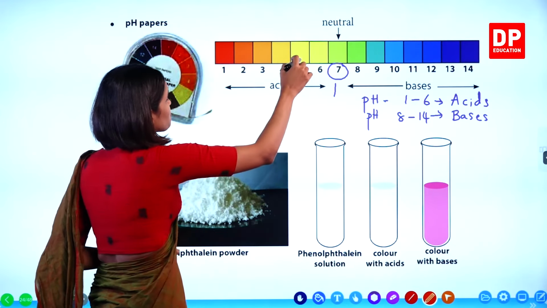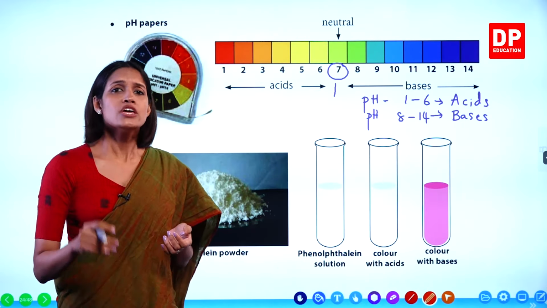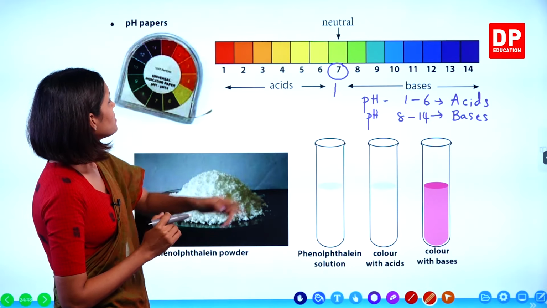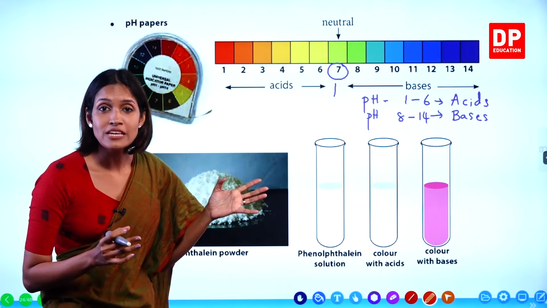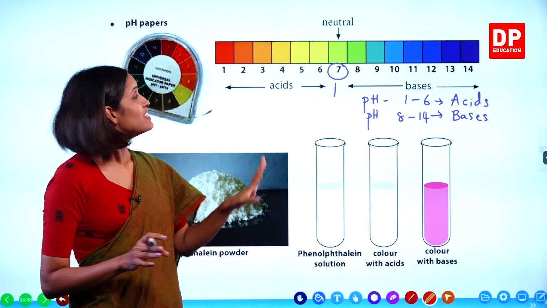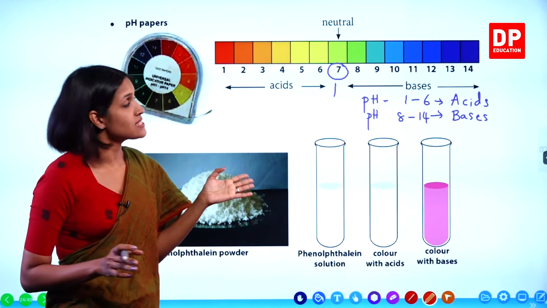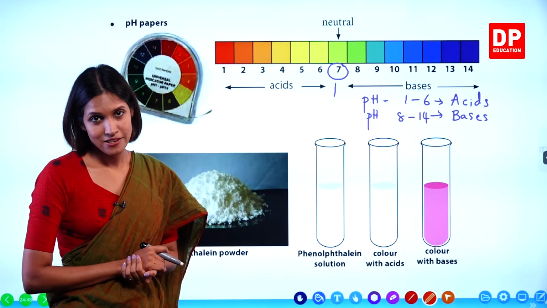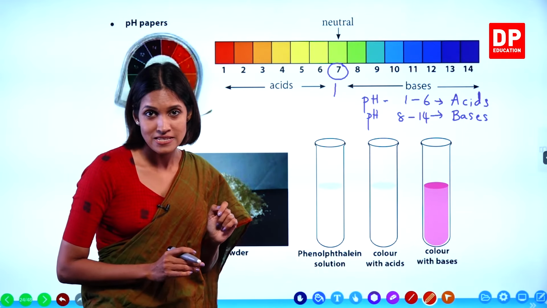Okay, and pH 5, 6 belong to weak acids. So another example, if you immerse a piece of pH paper in a certain liquid and if it gives this orangish yellow color, it means it is a weak acid. Understand, children? So pH 1, 2, 3 belong to strong acids and pH 5, 6 belong to kind of weak acids. Okay, and pH 7 is neutral substances.